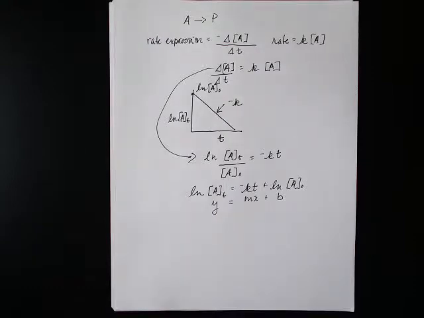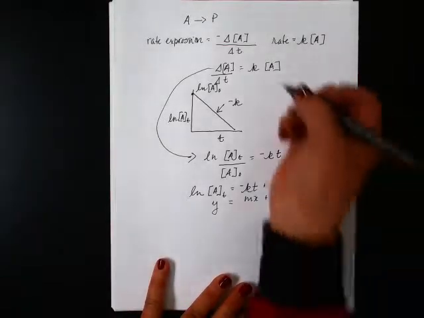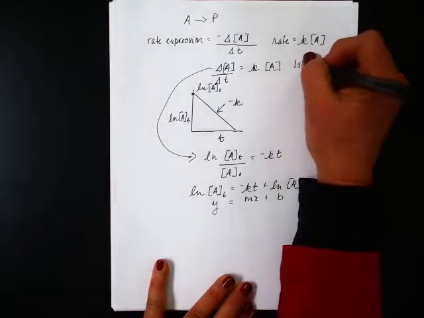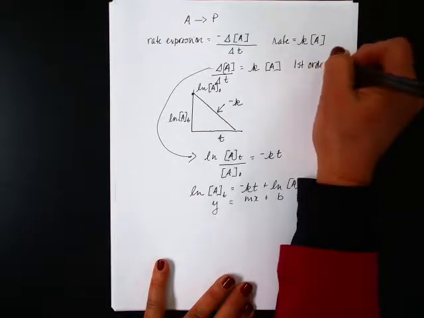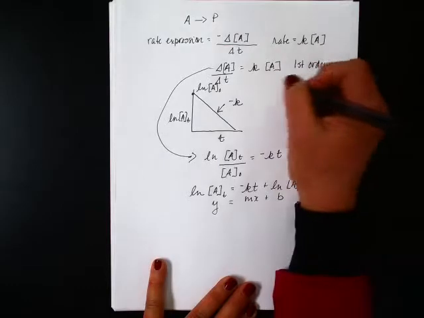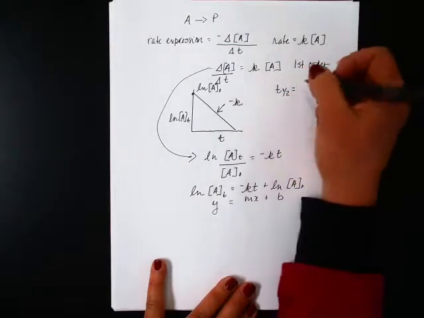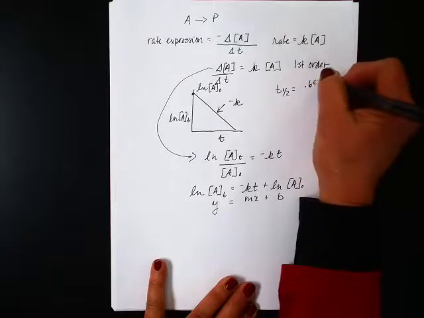There is also a half-life equation for a first order reaction, and that's all we'll be concerned with. The half-life for a first order reaction is t1/2 equals 0.693 over k.